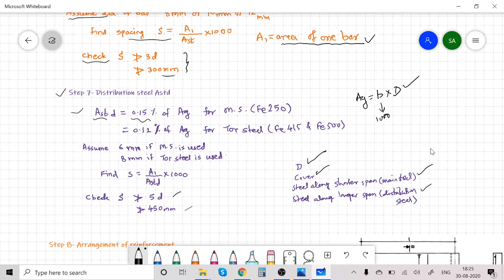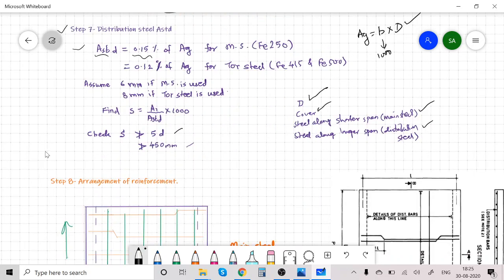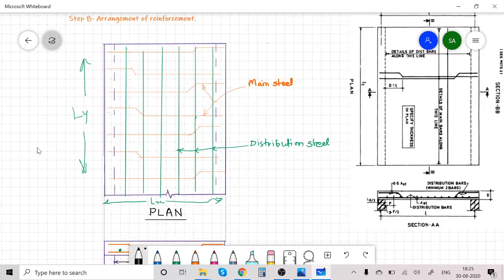The next job is to draw the sketch of the details of the reinforcement. Now here, Ly is the longer span, Lx is the shorter span. The orange color indicates main steel. The main steel is laid along the shorter span, whereas the green bars are distribution steel.